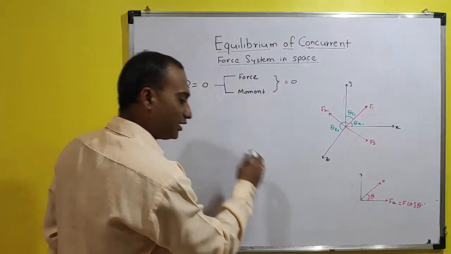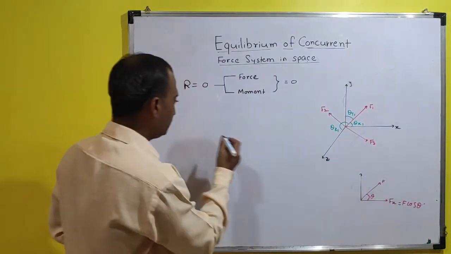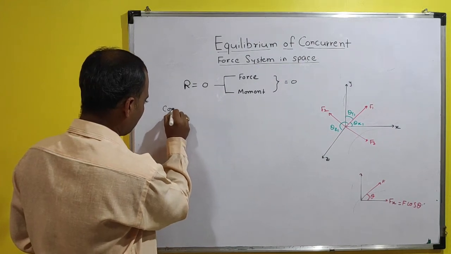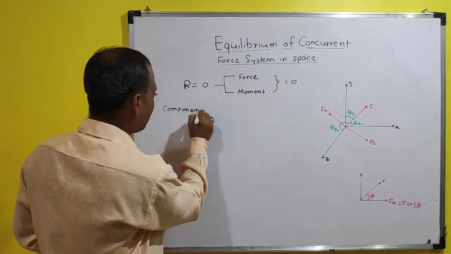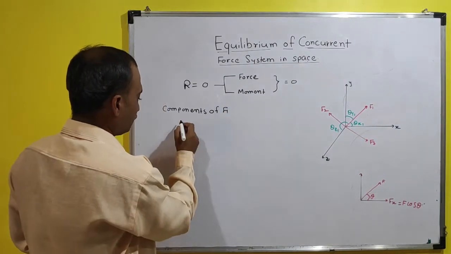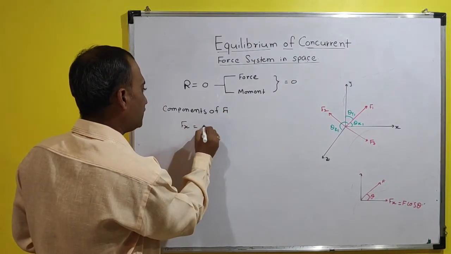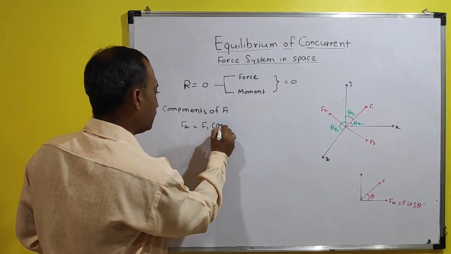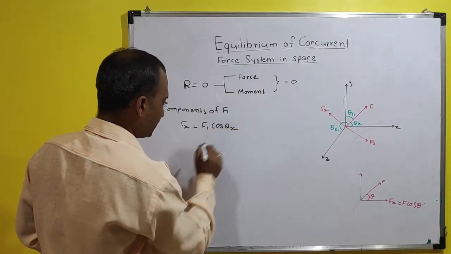So now let's say components of the force F1. Fx1 is equal to F1 cos theta x1.